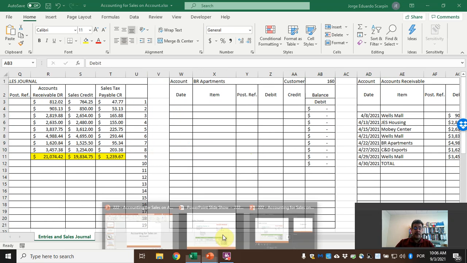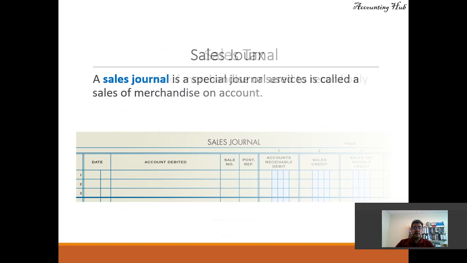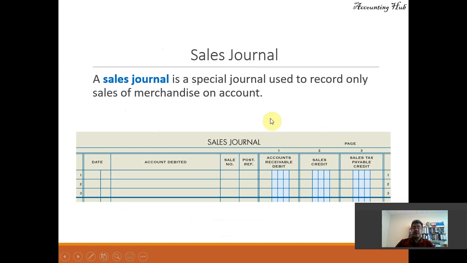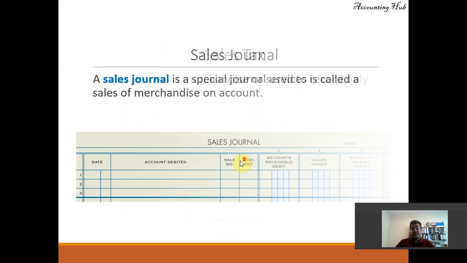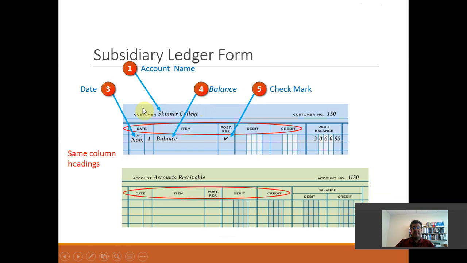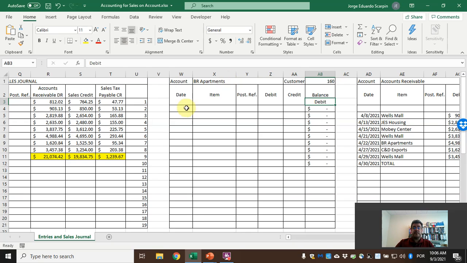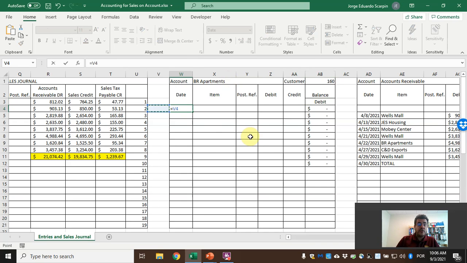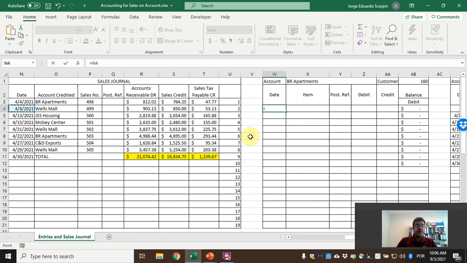So let's go back to our PowerPoint here. So this is the sales journal. We did it. Now it is here, the customer ledger. So let's go. Customer ledger, BR Apartments. What do we have? BR Apartments.